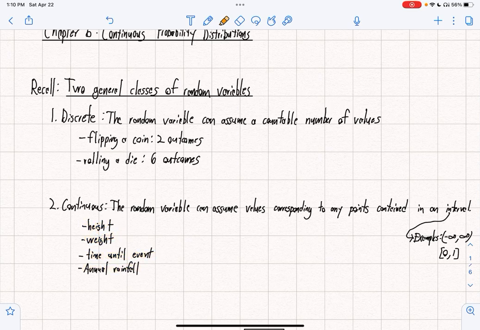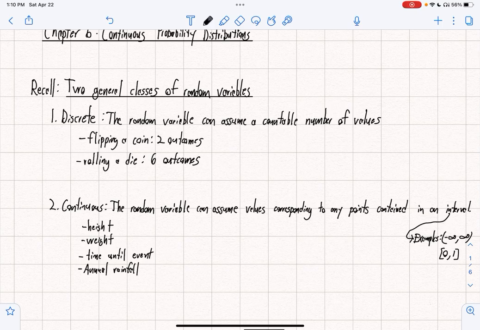In all of these cases, notice there's no such thing as negative height, negative weight, negative time. So if we were going to define the intervals for these, we might say these could range from 0 to, technically, any positive number. If we think about time until an event, it could happen immediately, so time 0, or it could just never happen, and so time until some event would then become infinity.